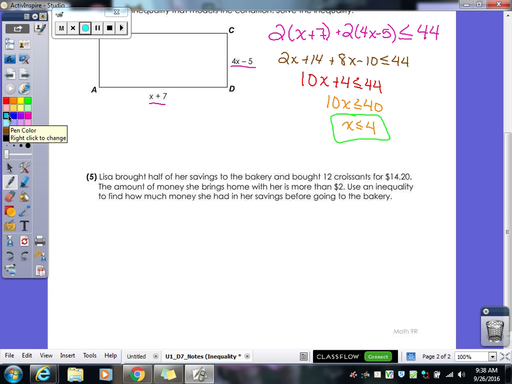Okay. Lisa brought half of her savings to the bakery and bought 12 croissants for $14.20. The amount of money she brings home with her is more than $2. Use an inequality to find out how much money she had in her savings account before going to the bakery. All right, so what should our x be?